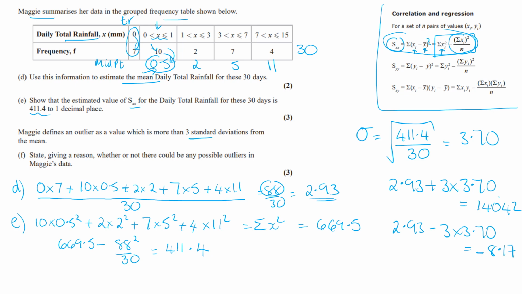Now anything above or below those two is going to be considered an outlier. So we haven't got any values that are negative, so we've got no outliers at that bottom end. But because we might have some rainfall that goes above the 14.042, then possibly there could be some outliers in that final group. Possible outliers in the 7 to 15 group.